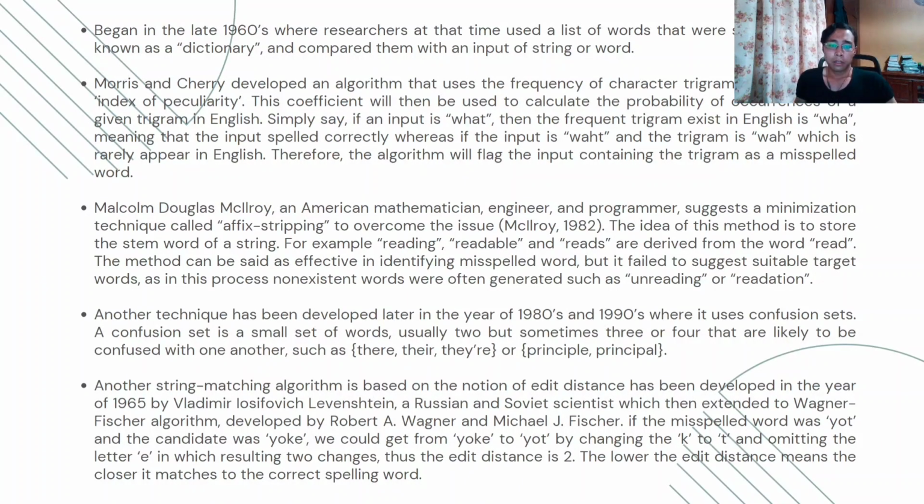Another technique was developed later, in the 1980s and 90s, which uses confusion sets. A confusion set is a small set of words, containing 3 to 4 words, that are likely to be confused with one another.